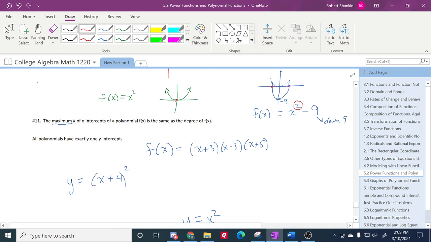Let me do a different one. F of x equals x squared plus 2. That got shifted up 2.